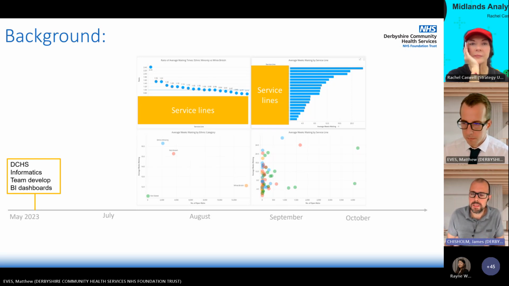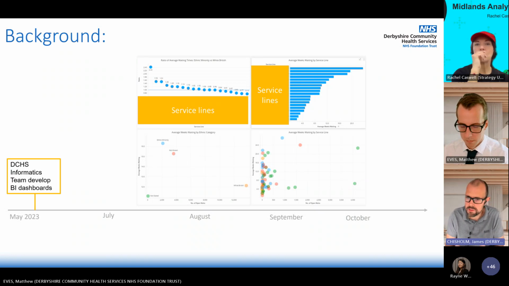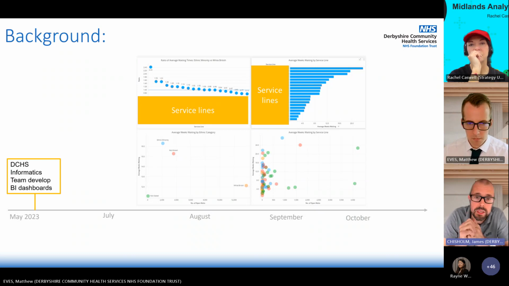We also had a mandate, and other providers around the table will probably understand this, that we had to start reporting waiting lists and also an element of health inequalities via our board performance report. At that point, we didn't really have the depth of intelligence around the profile of those waiting lists. So the BI team and analysts developed a dashboard.